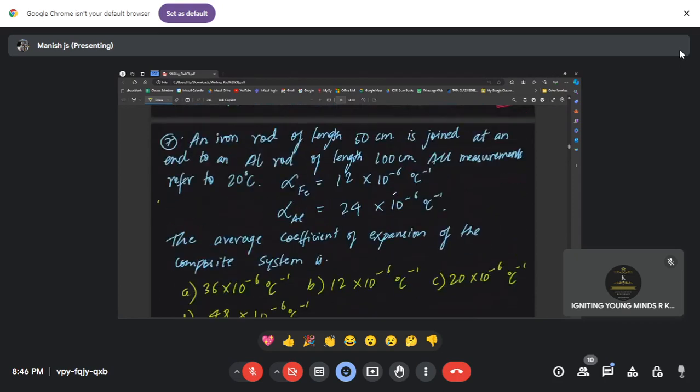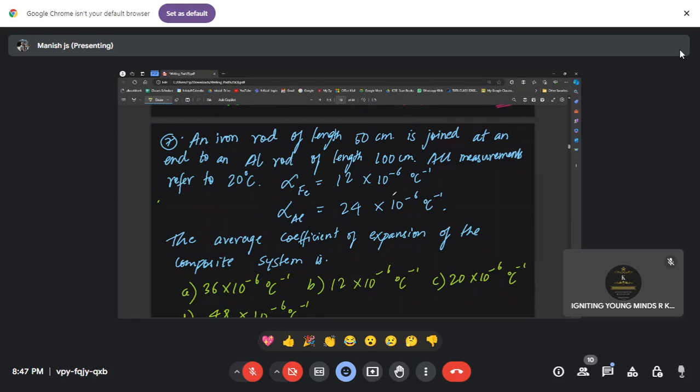Now here in this question, what are they trying to tell? We see that there is an iron rod of 50 centimeter length joined at the end of an aluminium rod of 100 centimeter length. So both joined end to end is 150 centimeter total length. Now the entire system is at 20 degrees Celsius.